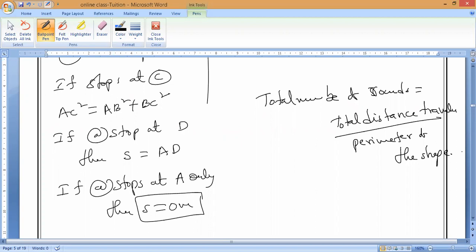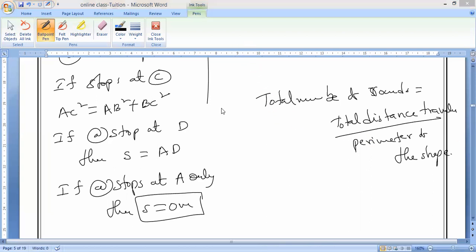If I want to know whether it stopped after a half round or full round, at point C or point A, we must know the total number of rounds. How to find it: total distance traveled by the body divided by the perimeter of the shape. Understand, everybody? Please respond.